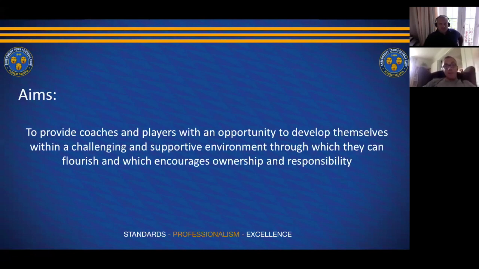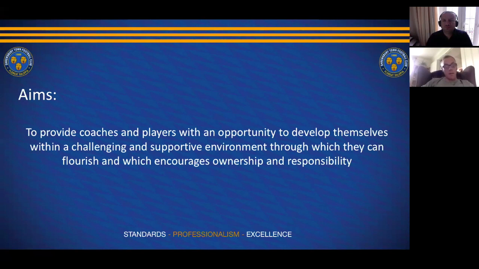And then beneath that, the overriding aim is to provide them with the opportunity to develop themselves. So just because they've been in the club for a period of time, and we've got one coach, for example, who's worked at the club for 16 years, and we've got other coaches who've been with us for 8, 10, 12 months, to give them the best opportunity to get better.